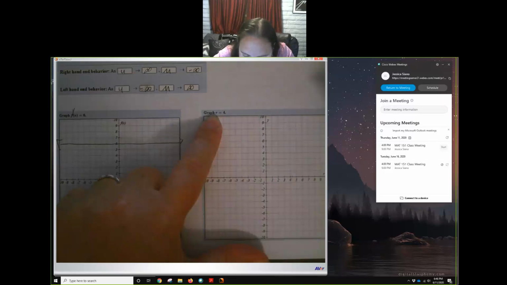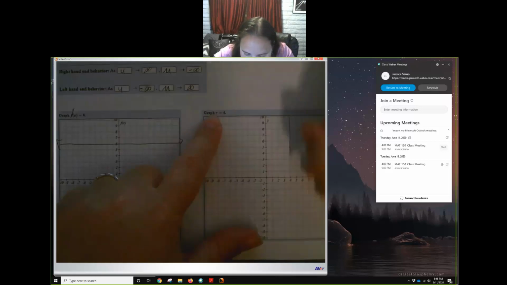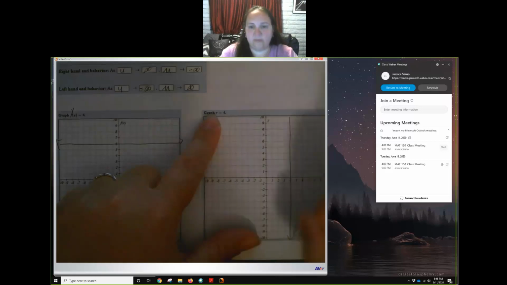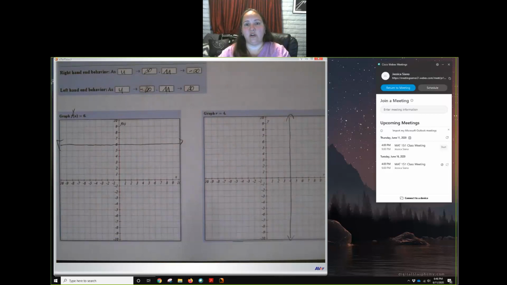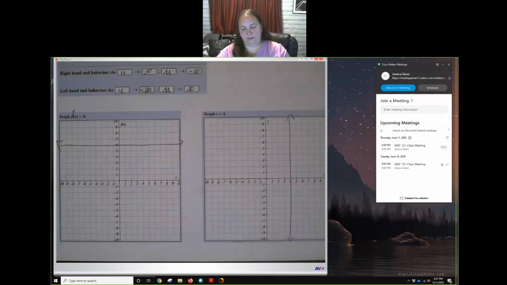This is a vertical line at x equals 4. So y equals is horizontal, x equals is vertical. Or your function notation equals is horizontal, and your variable equals is vertical.